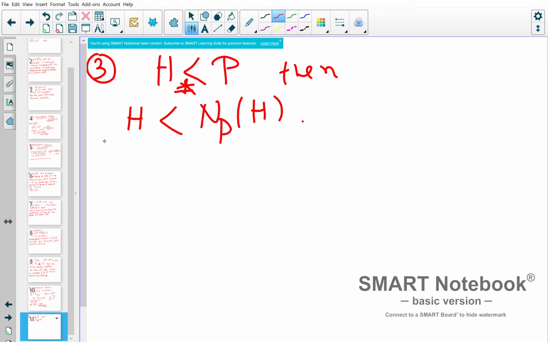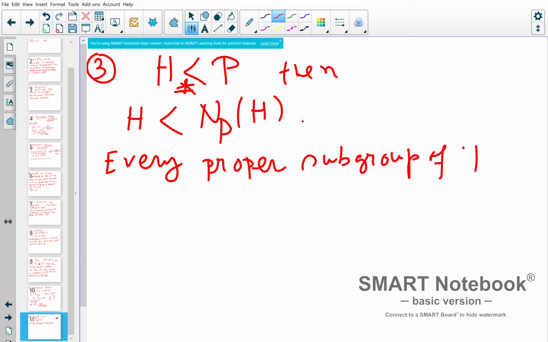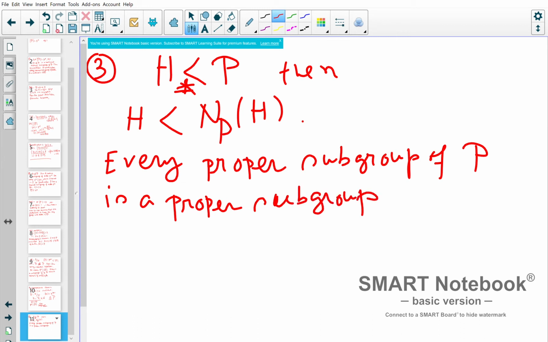That is what I'm saying: every proper subgroup of P is a proper subgroup of its normalizer in P. Whenever you have a proper subgroup inside a p-group, the normalizer strictly contains that subgroup.